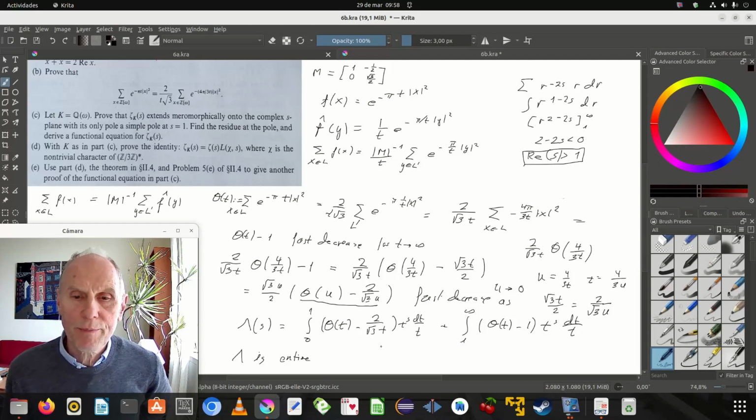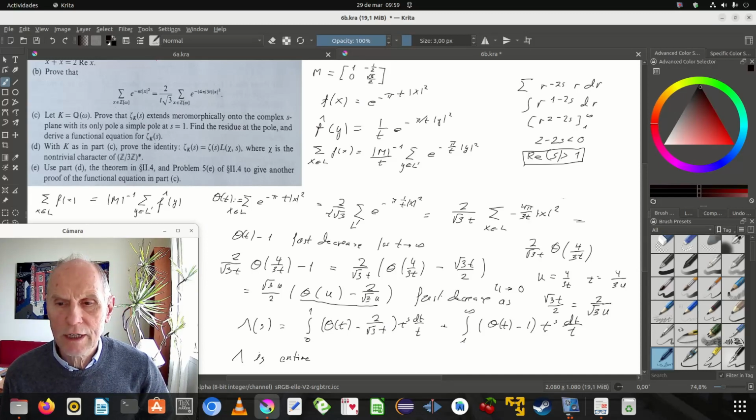So the next step is to see if for s being sufficiently large, we can actually compute it. And when s is positive, we can integrate this into 0, separate them.